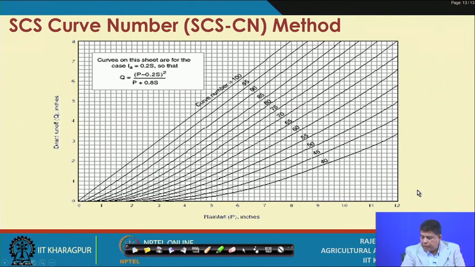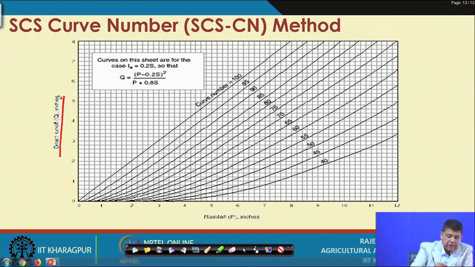And people have also generated certain kinds of nomographs to help estimate the curve number easily. So, here you can see that this is the direct runoff value Q, and this is the rainfall magnitude in inches, and these are nomographs for different curve numbers.